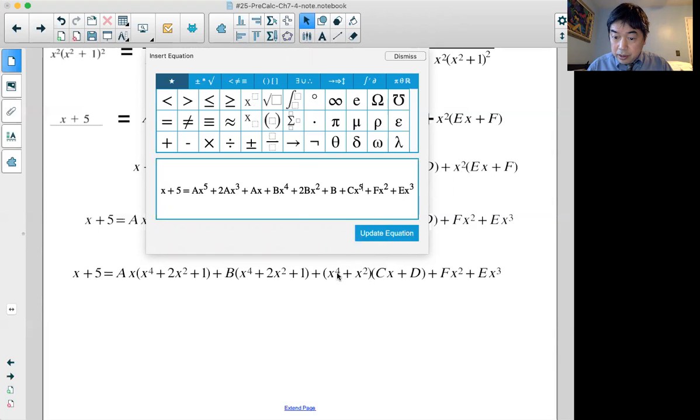Second one is d times x to the fourth power. Next one is x squared times cx, so cx to the third power. Plus, last one is d times x squared, so dx to the second power.